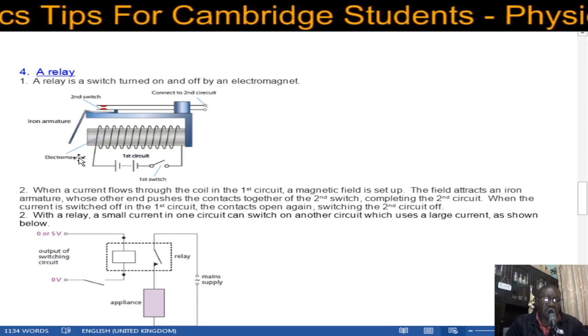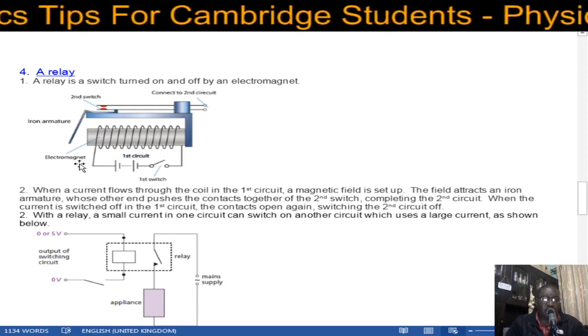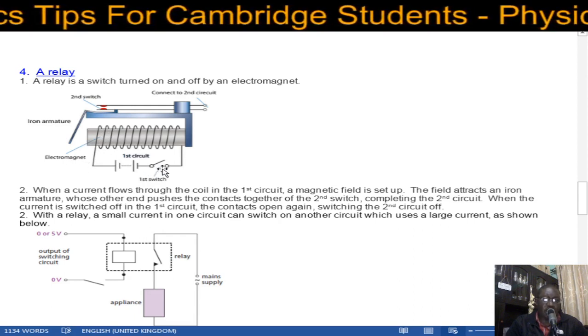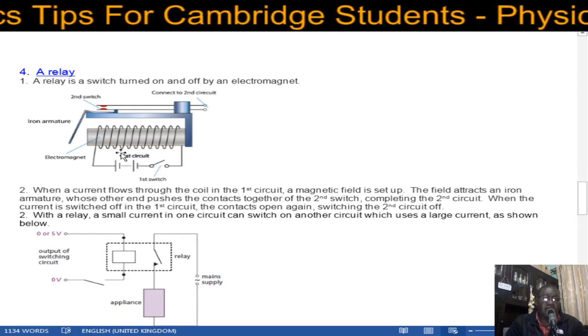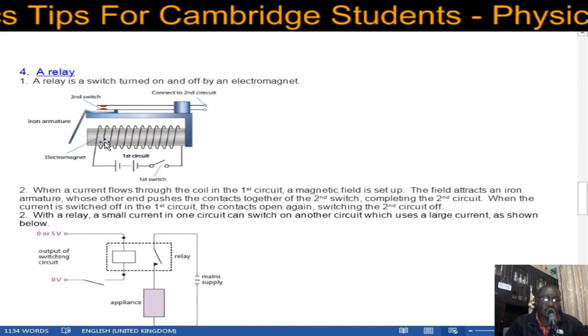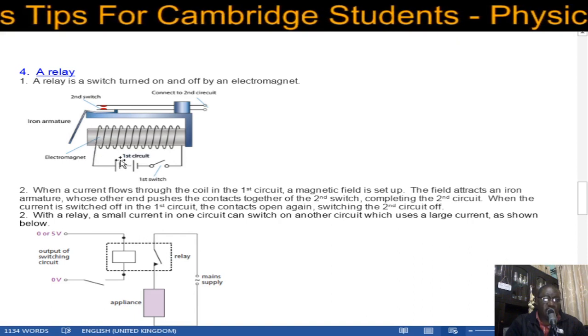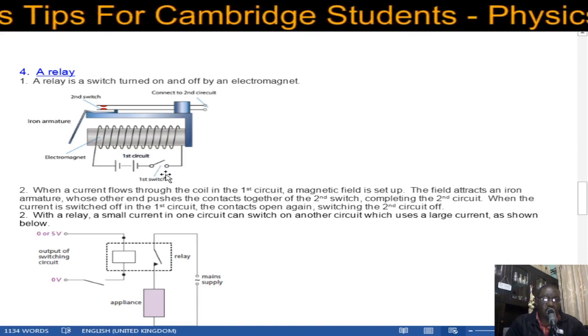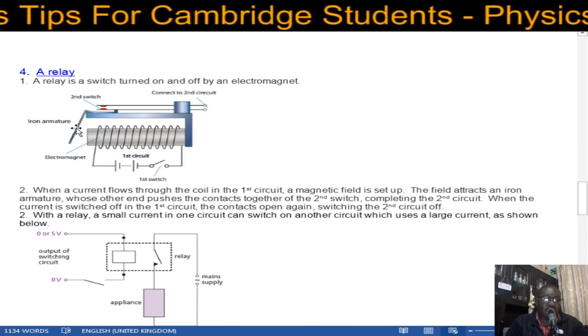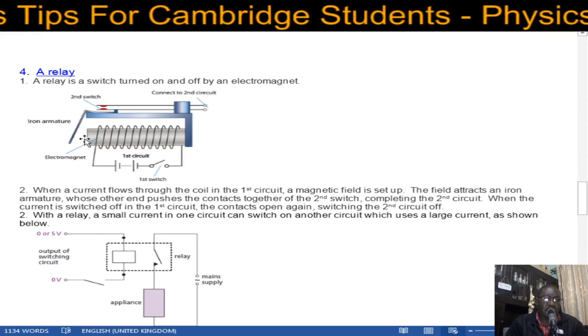So an electromagnet, remember, is the magnet whose magnetism is only there when there is a current flowing. When there's no current, then there's no magnetism, and then nothing happens. So in this case, if we close the switch, then there's magnetism, and this attracts this iron armature. Because this is made of iron, it will be attracted there.